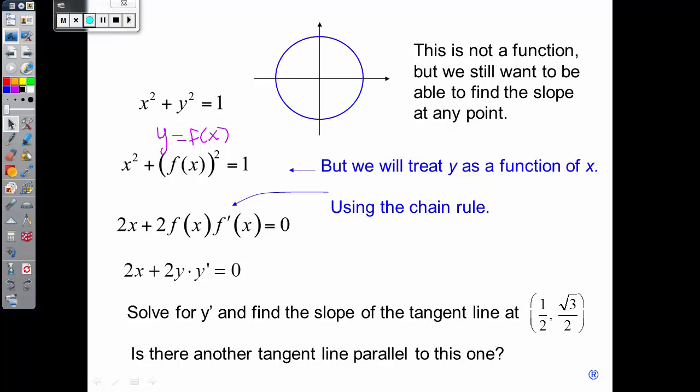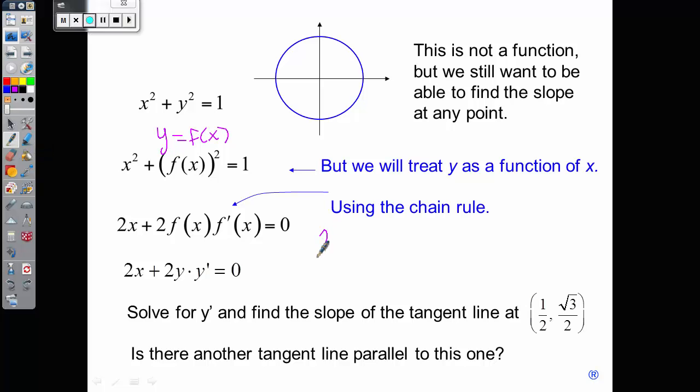All you have to remember is whenever you have a y in the problem, you take the derivative just as if it was an x, but then you always have to multiply by the inside, which is y prime, because y is a function of x. Okay, so now we would solve this equation for y prime. We have 2x plus 2y times y prime equals 0.